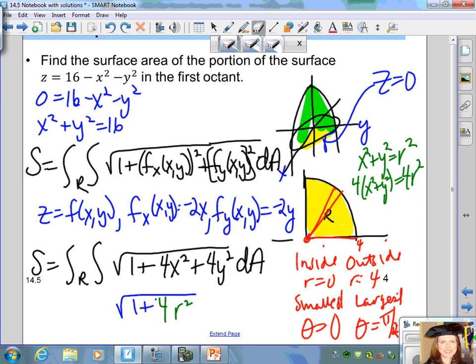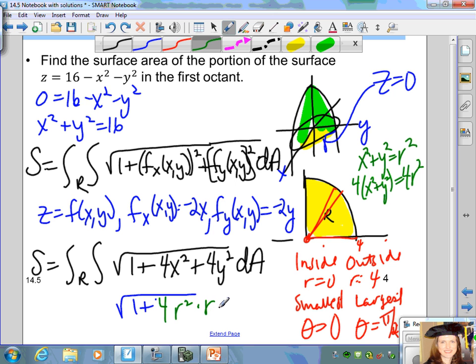And then our differential area, since we're using r's and thetas, could be either r dr d theta or r d theta dr. Since it's r simple, theta simple, I can choose either way. I'm going to choose d theta dr as the order of the differentials.